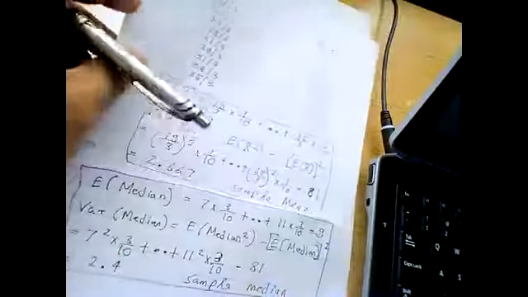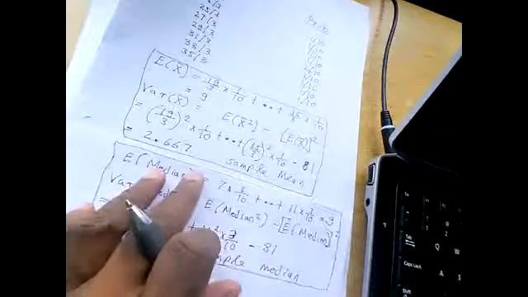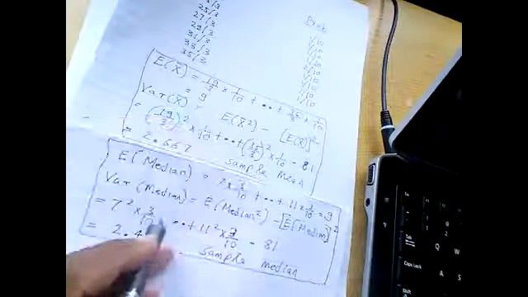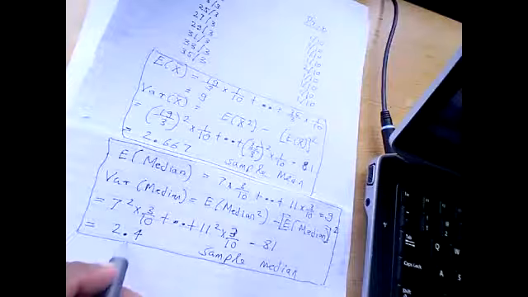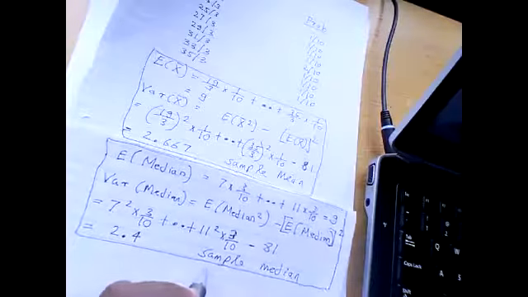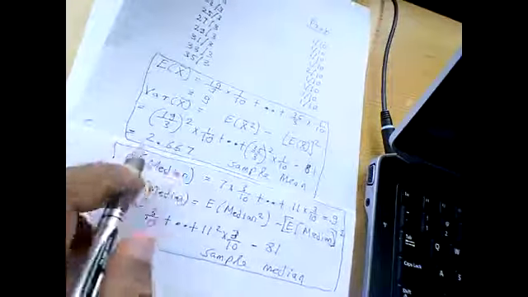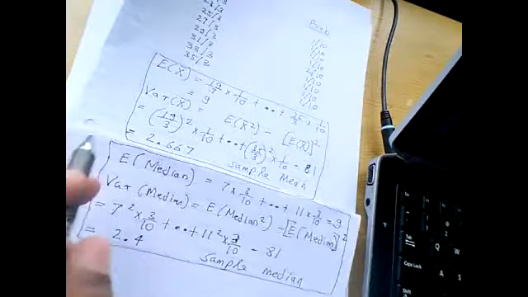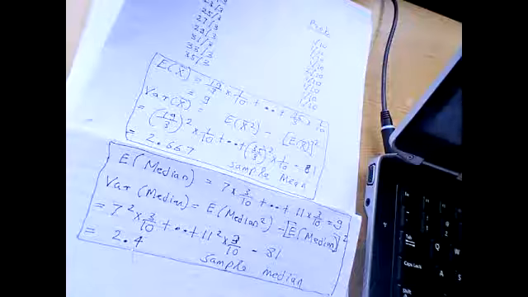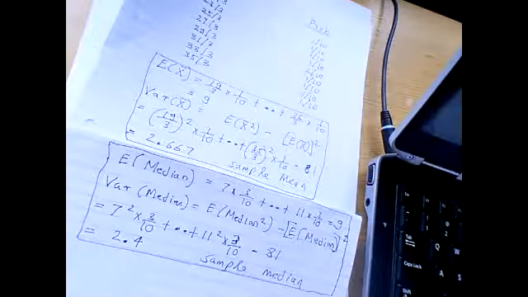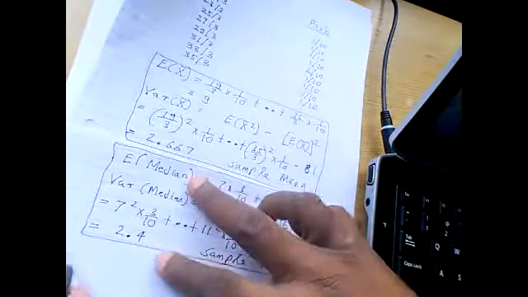The means are equal. The expectations are equal. Both are equal to 9, right? But the variance is smaller for the sample median, because the variance for the sample mean is 2.667 and the variance for the sample median is 2.4, right?